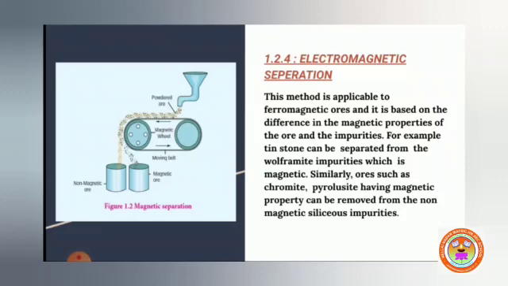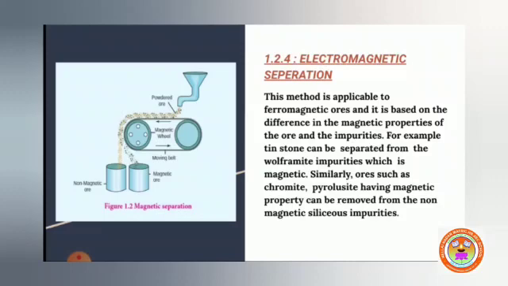For example, tin stone, an ore of tin, is non-magnetic in nature. It contains wolframite impurities, and the wolframite impurity is magnetic in nature.